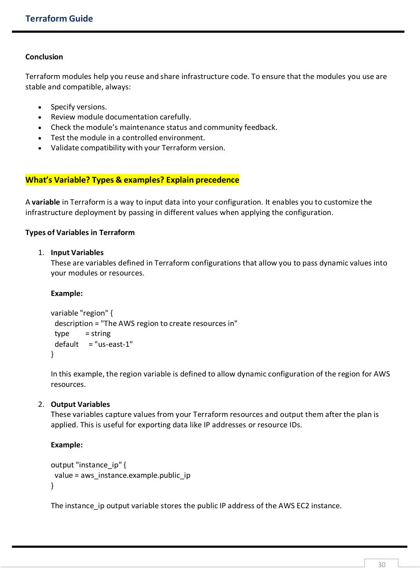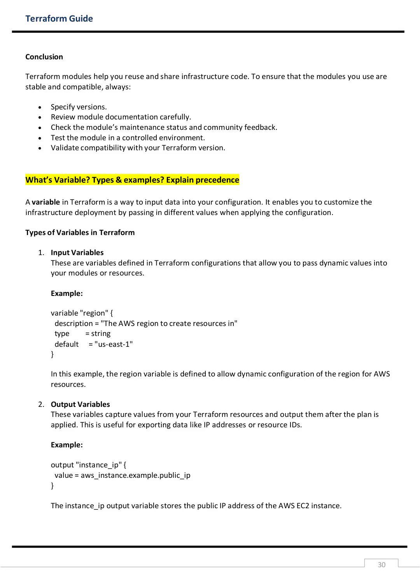1. Input variables. These are variables defined in Terraform configurations that allow you to pass dynamic values into your modules or resources. Example: variable region. In this example, the region variable is defined to allow dynamic configuration of the region for AWS resources. 2. Output variables.